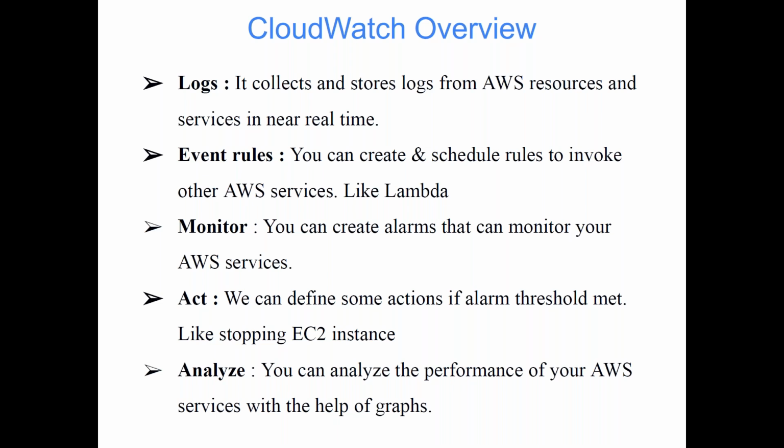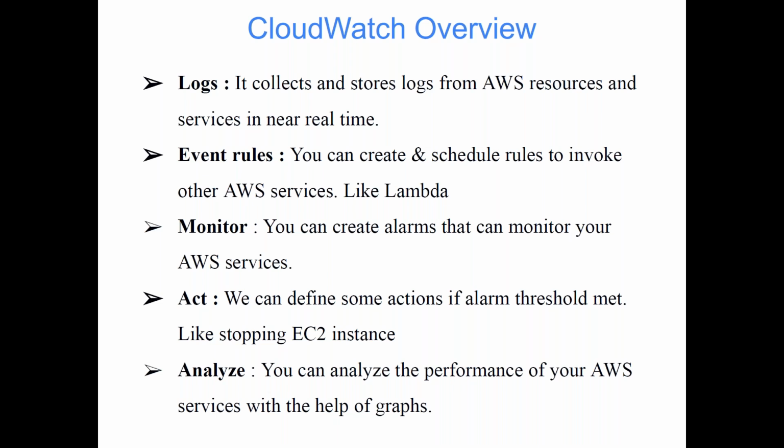So we have monitoring and we have act. It can act depending upon your alarm threshold being met, like stopping an EC2 instance. And analyze as well. You can analyze the performance of your AWS services with the help of graphs. How your memory is behaving on the EC2 instance, how your storage is going, how your input and output requests are coming, and CPU utilization.